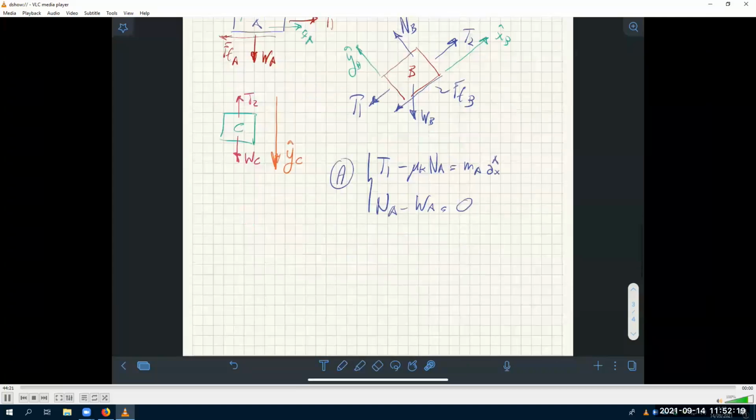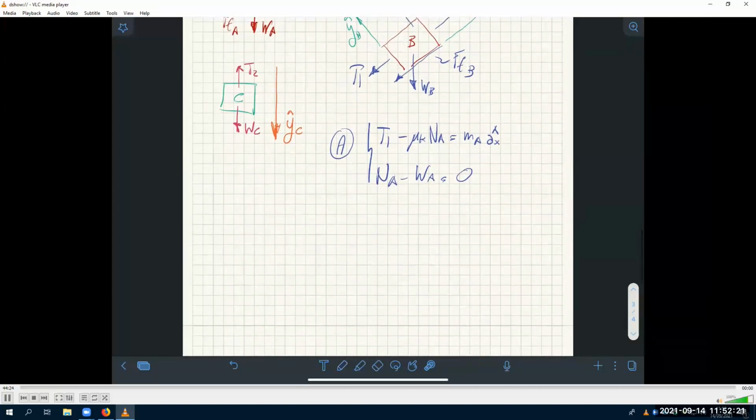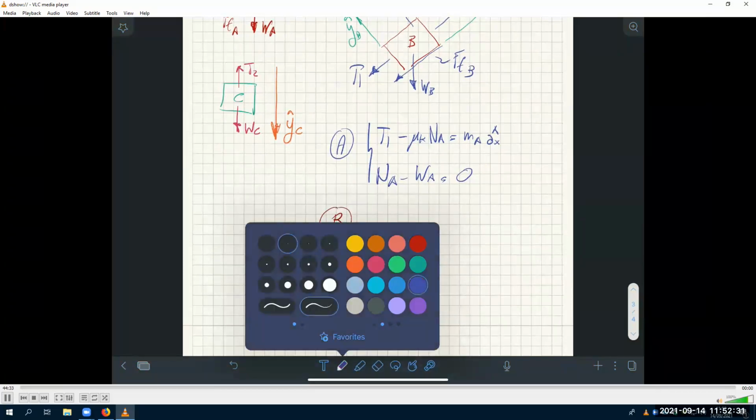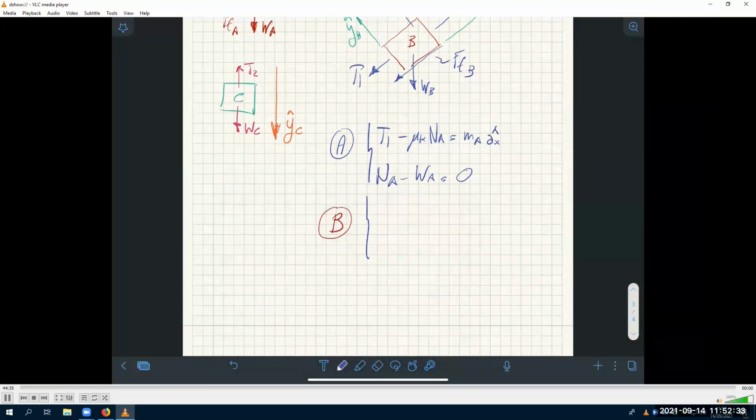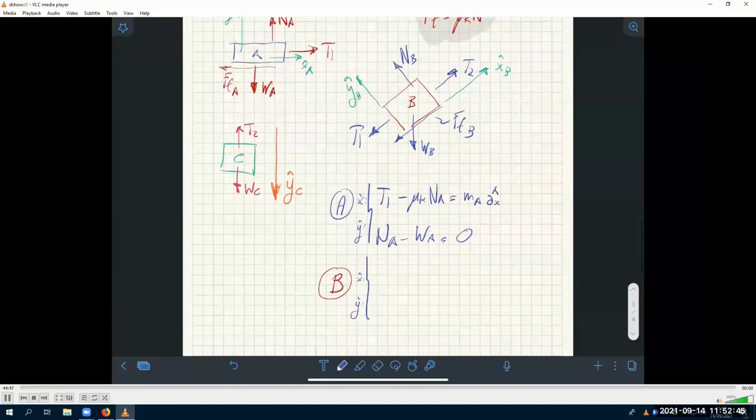Let's append two more equations for body B, X and Y. Now for body B, can you tell me what's the equation along the x-axis? Sum of forces equals mass of B times acceleration of B along its own x-axis.